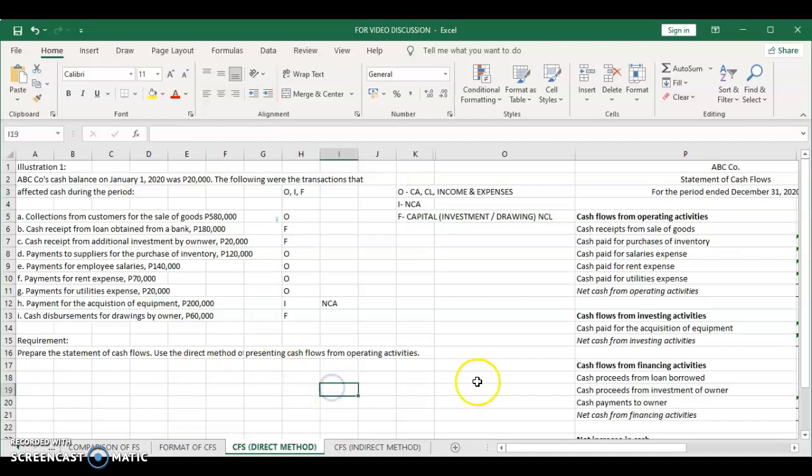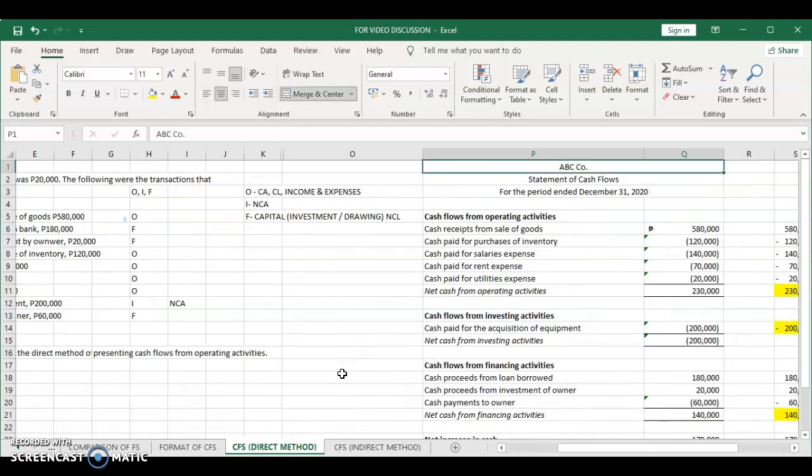How do we present first, using the direct method, the cash flows from operating? Of course, you have here the heading: the name of the company, the name of the financial statement you are preparing, and the period covered. We list down first the operating activities, and we will list all the operating activities individually.